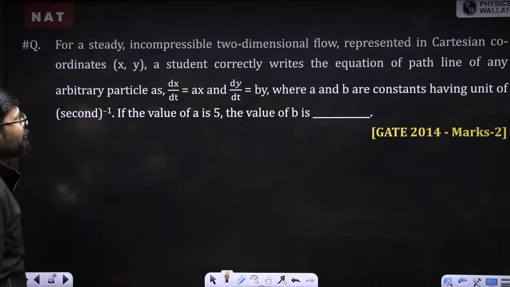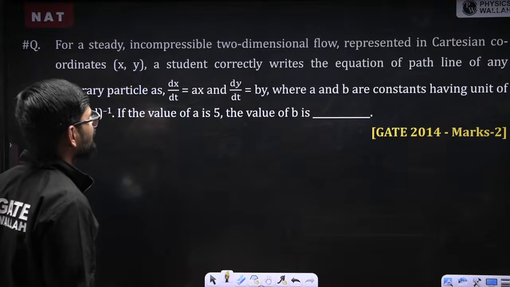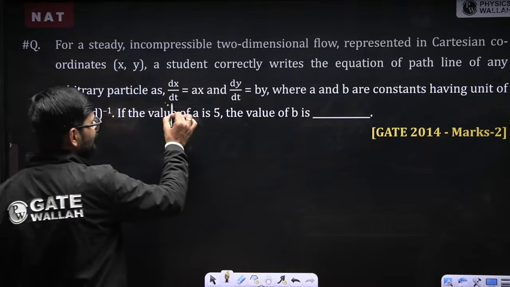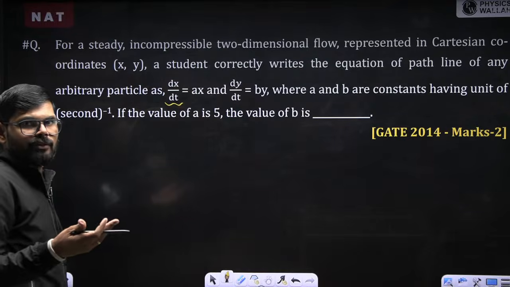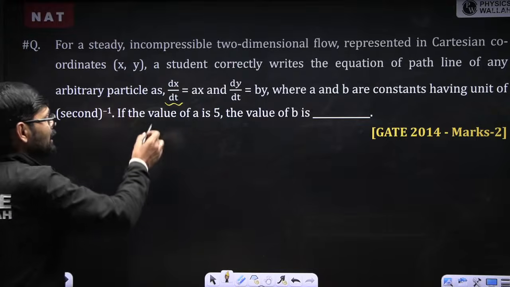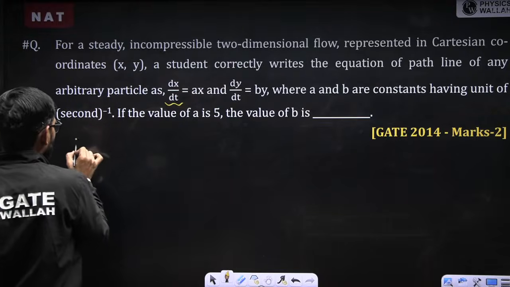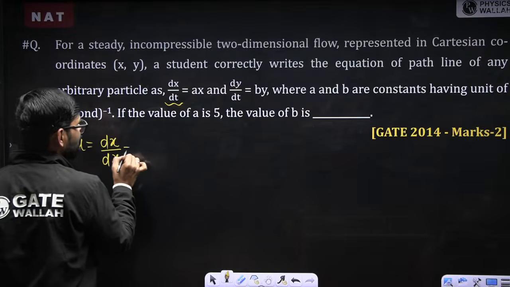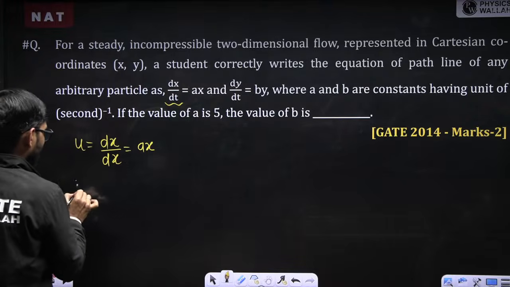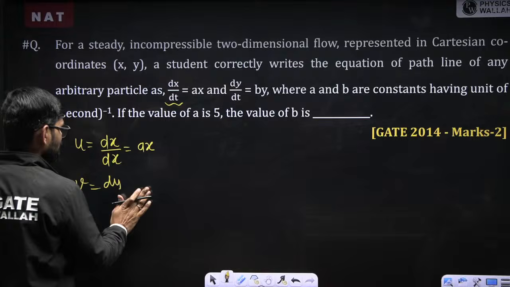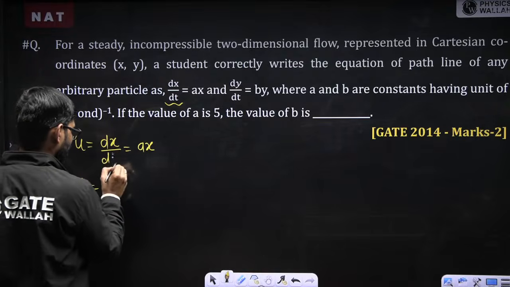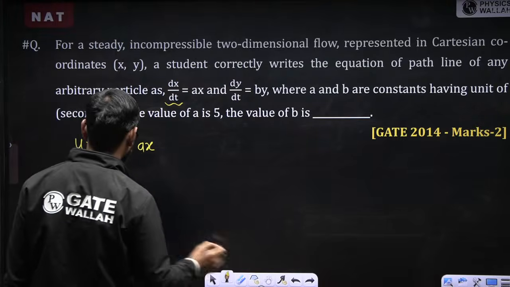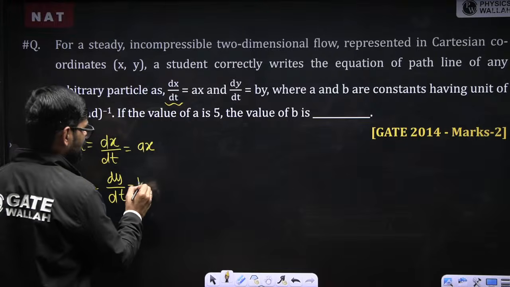Now it is given that for a steady incompressible two-dimensional Cartesian coordinate system, dx by dt is displacement per time, which is nothing but velocity in the x direction, represented by u. So u is equal to dx by dt, given as ax, and v is dy by dt, given as by.